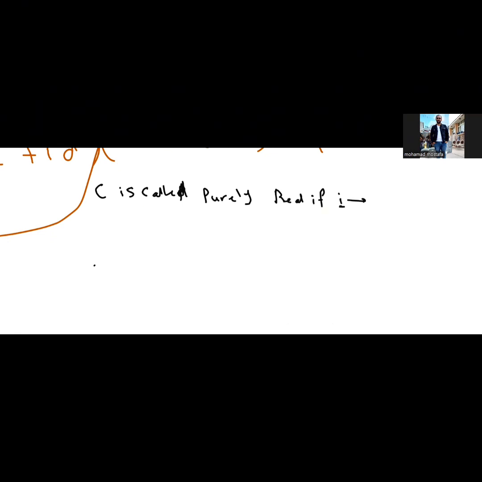Or we can say that the complex number is called truly imaginary if the real part is zero. So truly imaginary if its real part is zero, because here we will have only the imaginary part.